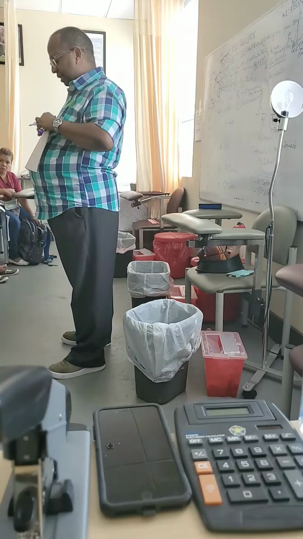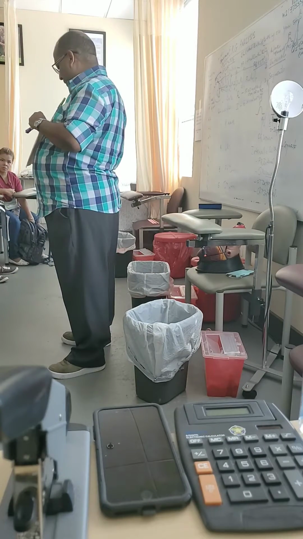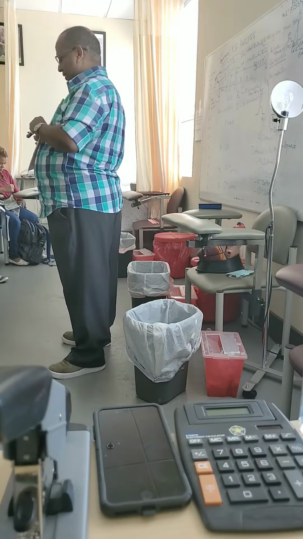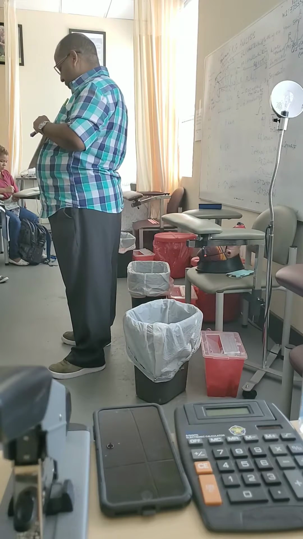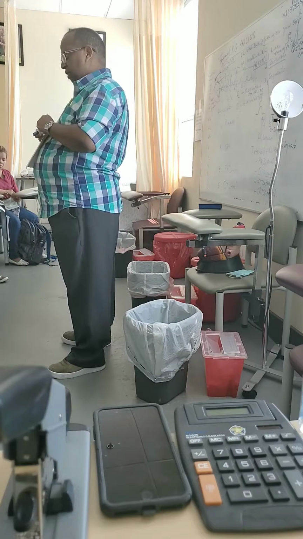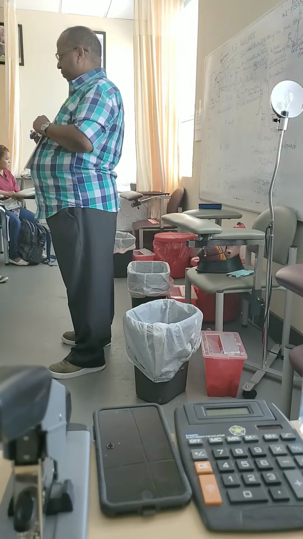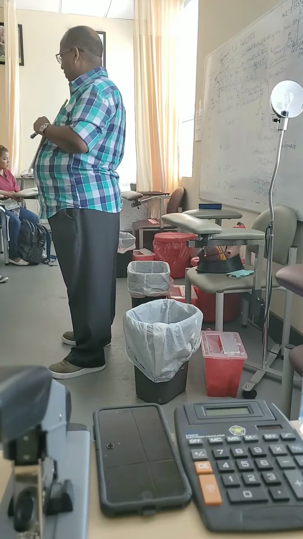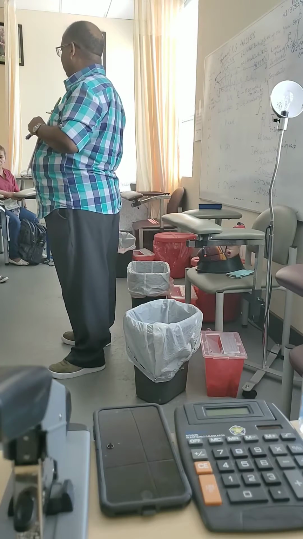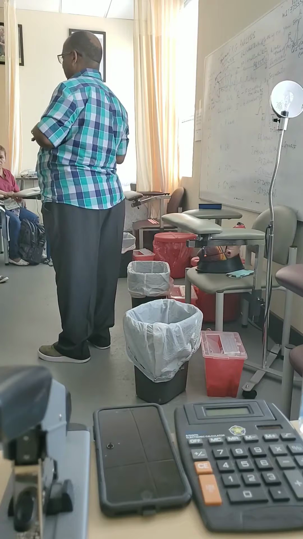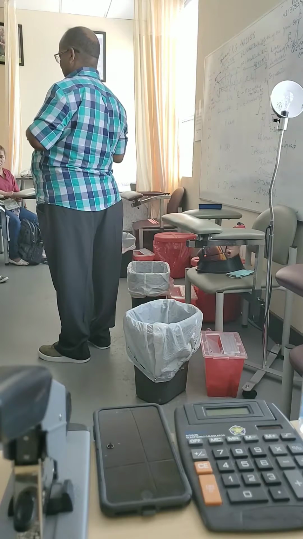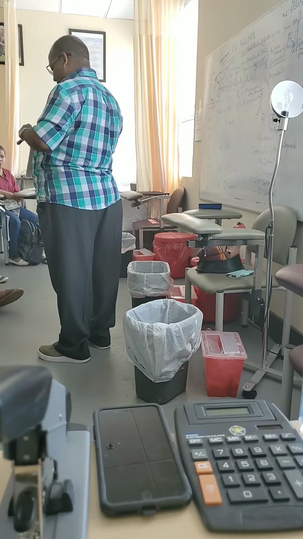Then how many R waves do you have between these? Count 1, 2, 3, 4, 5, 6. You should count how many R waves. I have 6. So I multiply 6 by 10.